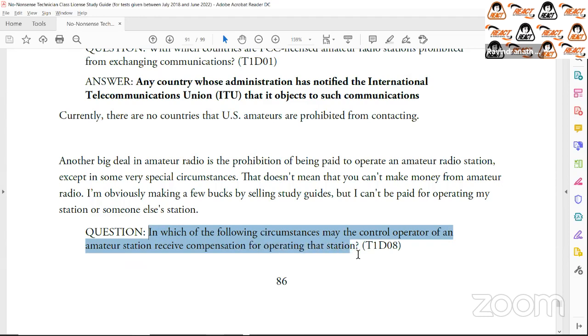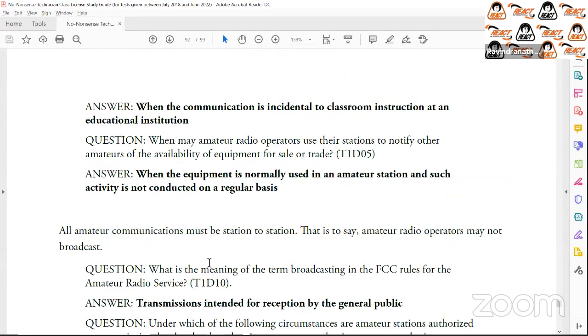In which of the following circumstances may the control operator of an amateur station receive compensation for operating that station? In other words, compensation means payment. When the communication is incidental to classroom instruction at an educational institution. So university or secondary school or the like. It's incidental, meaning it's not the primary focus.